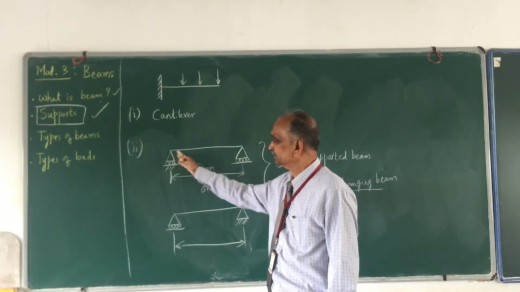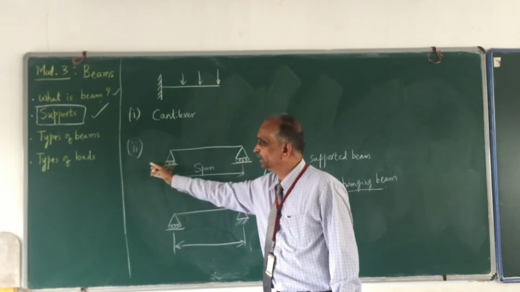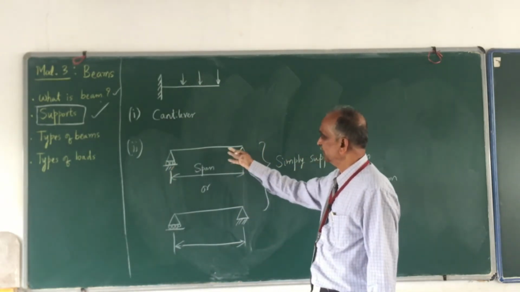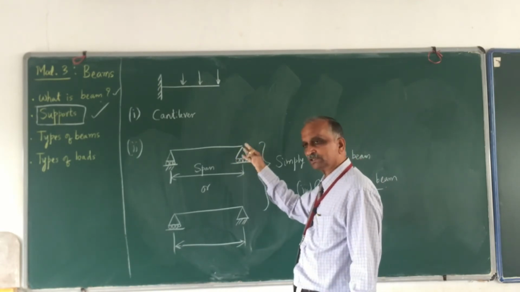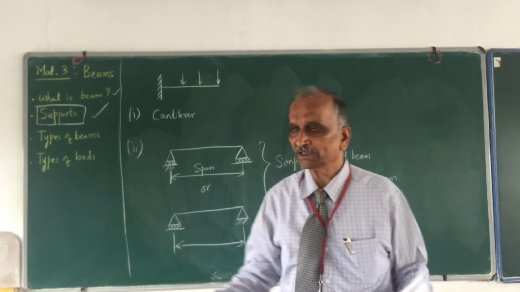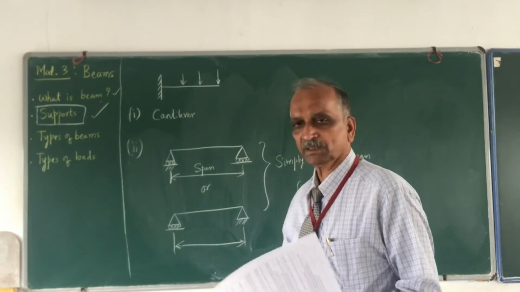This is the support, this is one side, and this is the other side. Beyond the support, if I go, there is no beam. Similarly, coming this side, you have beam, and if you cross this support, you don't have beam. That is called a simply supported beam.